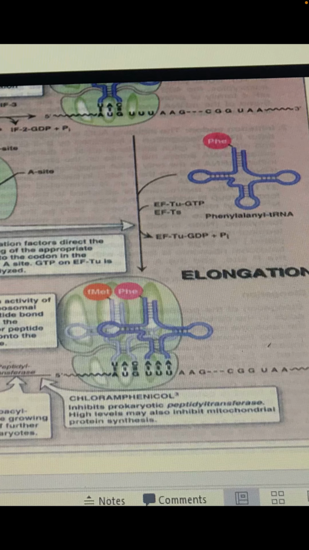Then comes chloramphenicol. It inhibits prokaryotic peptidyl transferase. High levels may also inhibit mitochondrial protein synthesis.